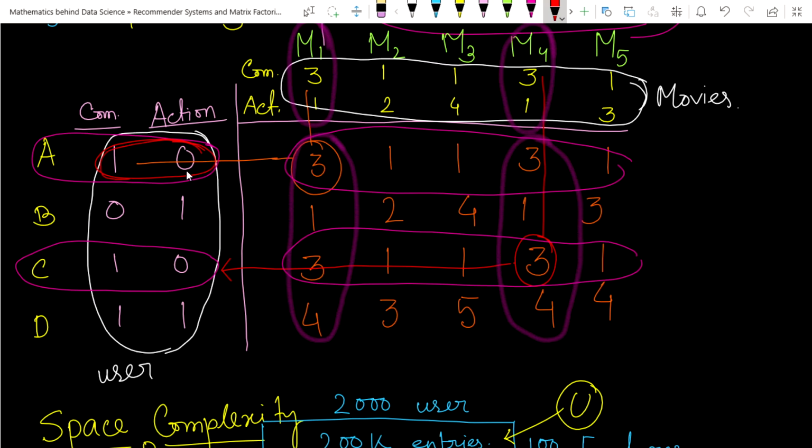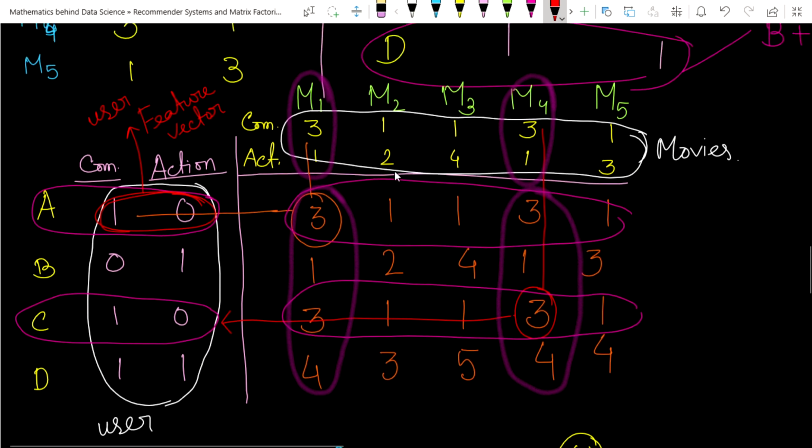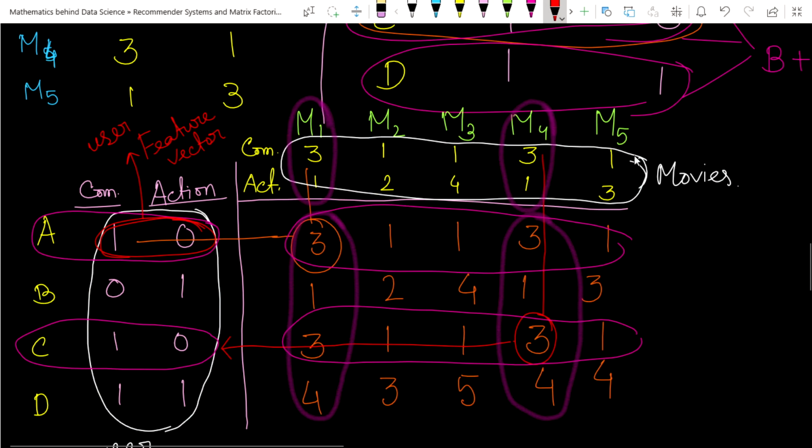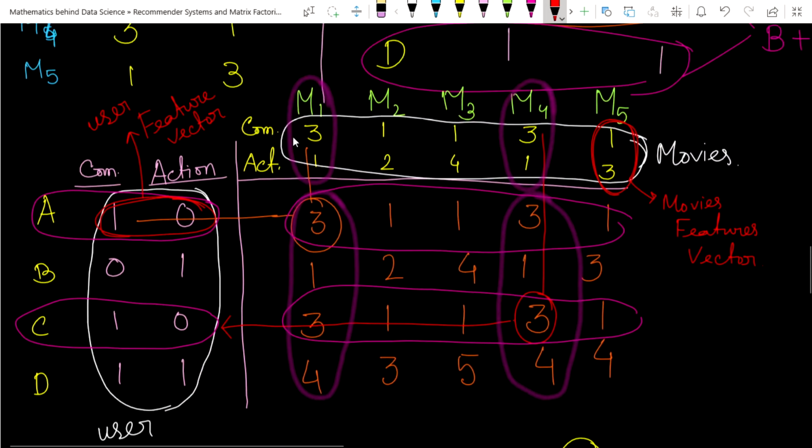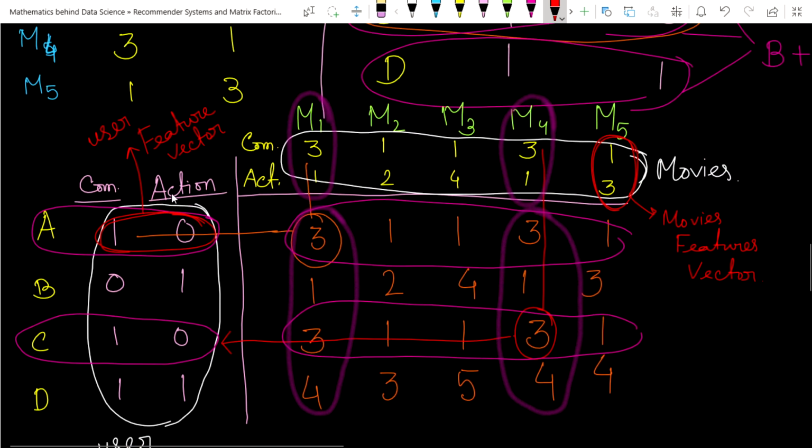this vector is called the user features vector, and this vector is called the movie features vector. Here we have to consider two features, so the dimension belongs to R2.